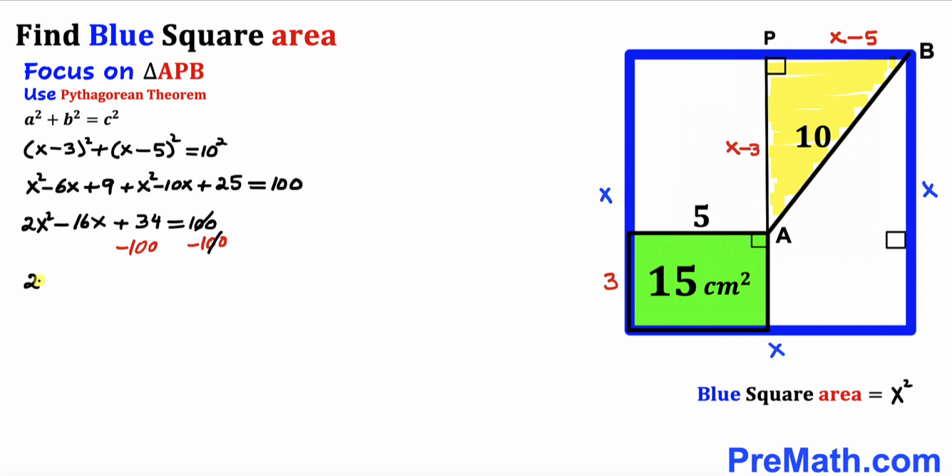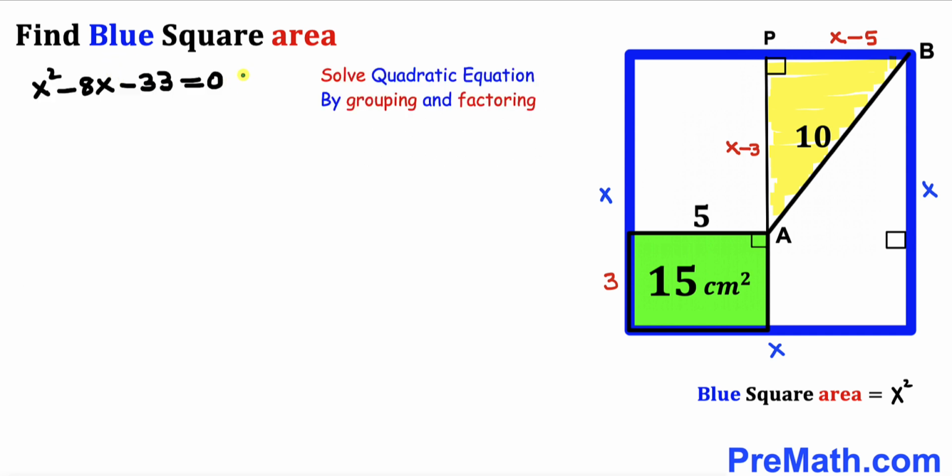On the left hand side we got 2x square minus 16x minus 66 equal to 0. Now I am going to divide each and every term by 2 across the board to make things simple. So this becomes x square minus 8x minus 33 equal to 0.